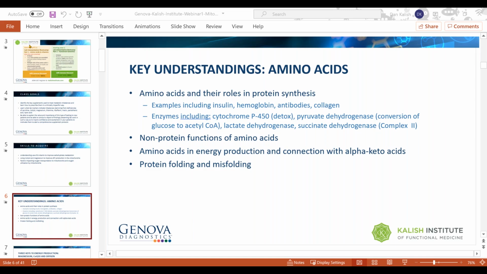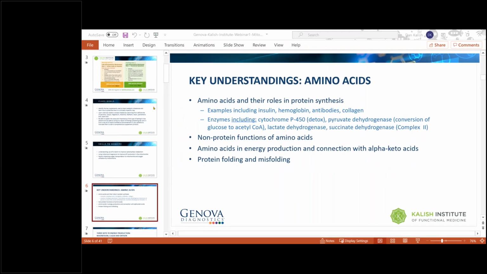You realize, wait a minute, you can't run your metabolism without these enzymes, and these enzymes are made from amino acids forming into proteins. That is the gist of the whole talk. And in order to get that enzyme to work properly, you need B vitamins, which is the second part of the talk. We're also going to talk a little bit about protein folding and misfolding and how all this works.